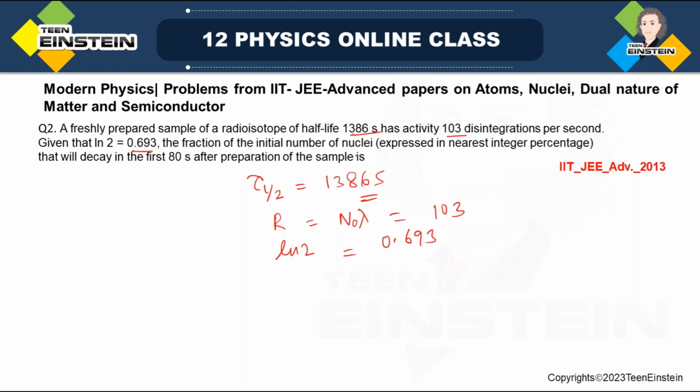The question: the fraction of the initial number of nuclei that decay in the first 80 seconds after the preparation of the sample. You have to find this fraction. These are the information given.